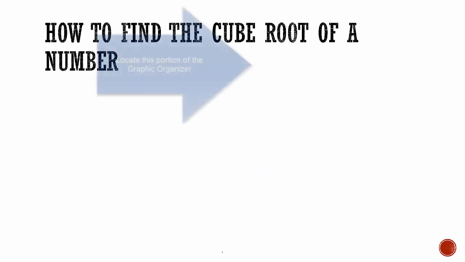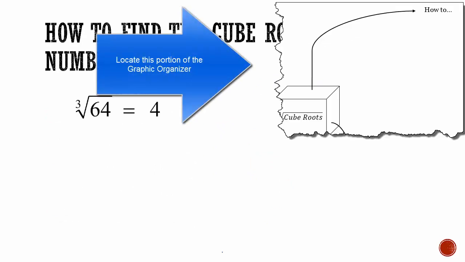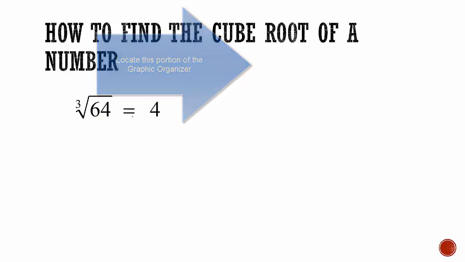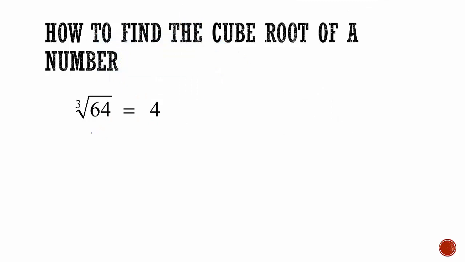So now, how to find the cube root of a number. You may not intuitively know that the cube root of 64 is 4. And if you didn't, that's okay. We can always go to a factor tree. So what goes into 64? Maybe you didn't start with 2. Maybe you just did 2 times some number equals 64.